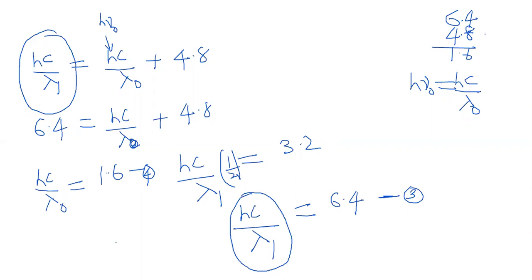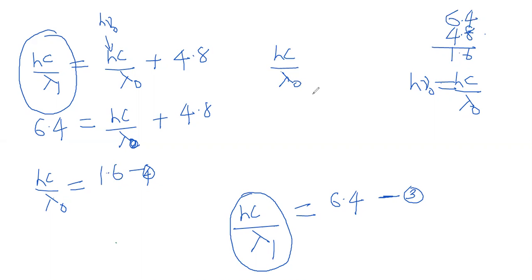Now I have to relate this lambda naught with lambda 1. That is my aim. So how do I relate them? Whenever you are asked for a relation, what you have to do is divide the equations. Always. HC by lambda naught, this is my first equation, divided by HC by lambda 1.